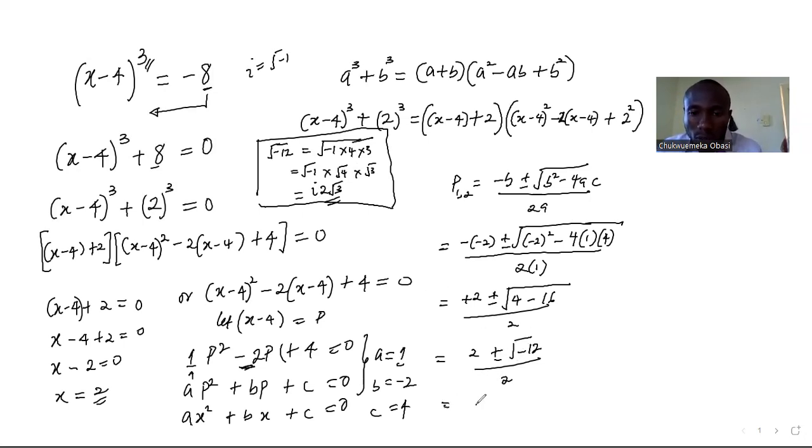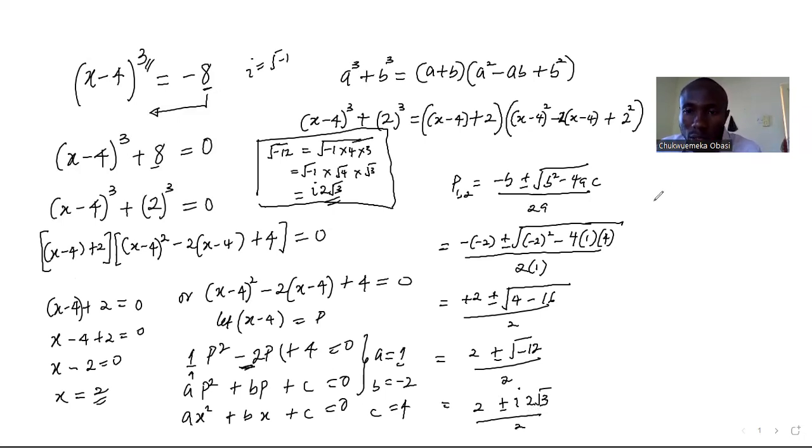So that becomes 2 plus or minus i2 root 3, all divided by 2. So finally, you can see that these 2's can cancel out. So let me just make it a little bit clearer.